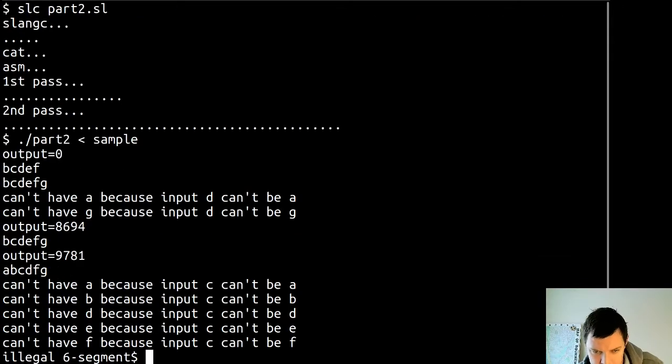So we think the input C can't be any of A, B, D, E, or F, and that's on the third line.